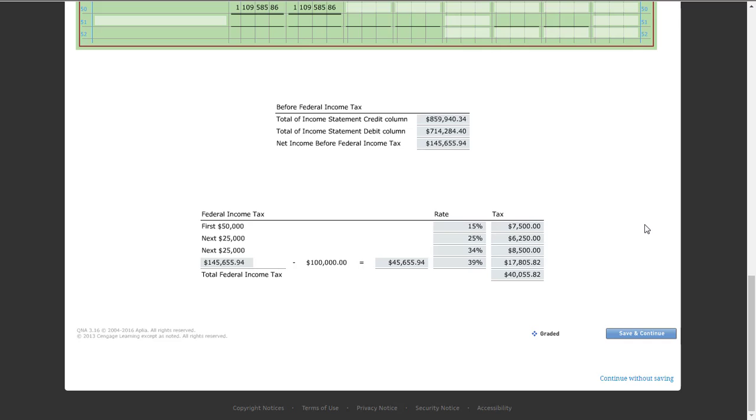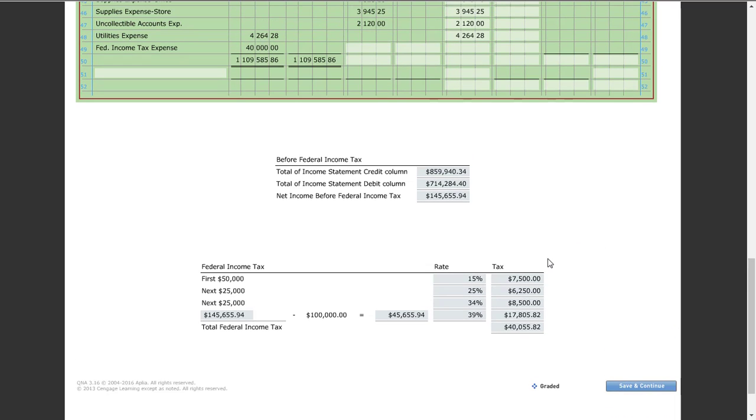Yes, that is my last adjustment. So, my federal income tax expense right here, line 49. My total federal income tax expense that I have to pay this fiscal year is $40,055.82. Now, my adjustment is going to be $55.82. Agreed? The difference between those two?